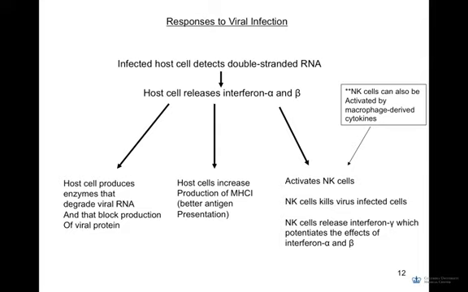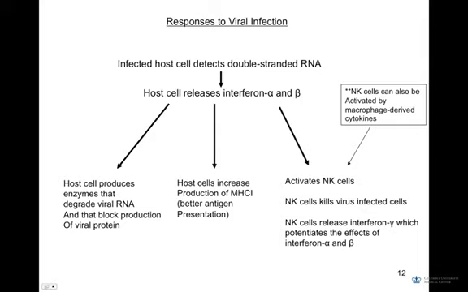So the natural killer cell, once activated, is going to identify virus-infected host cells through this presentation of antigen by the host cell, and it's going to then kill those virus-infected cells. The natural killer cells also release interferon gamma, which is going to potentiate the effects of interferon alpha and beta. So all of the effects of interferon alpha and beta are made stronger by interferon gamma released by natural killer cells.